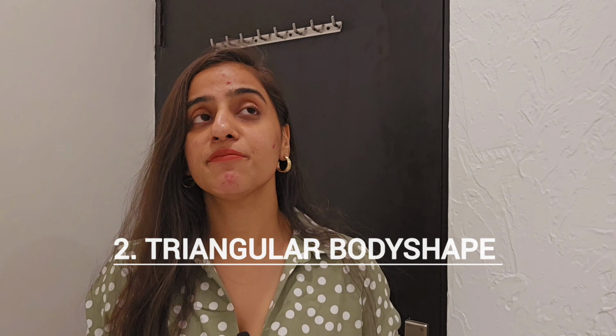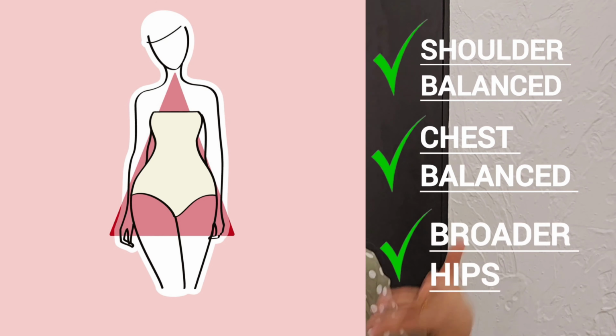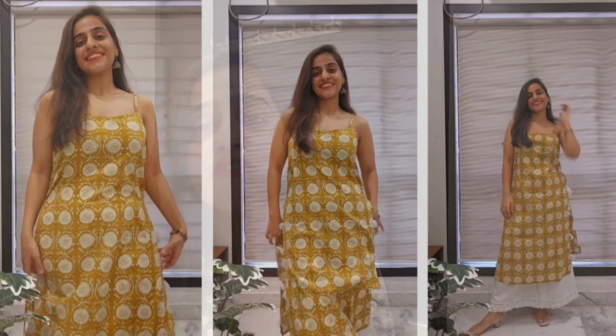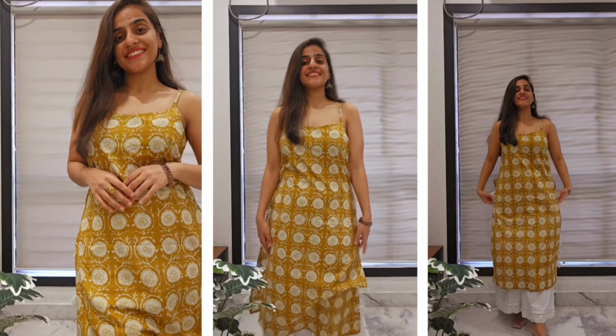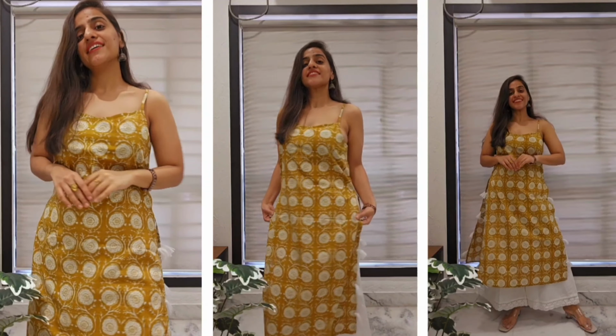So let's talk about the second type of body shape, which is triangular body shape. In this body shape हमारा shoulder और chest balanced होता है और हमारा hips comparatively broader होता है. तो for that we have to wear something which should not overwhelm our lower body और कुछ भी ऐसी चीज जो कि हमारे thigh या hip area को snug नहीं करना चाहिए.